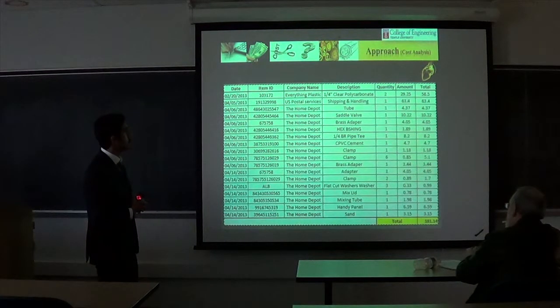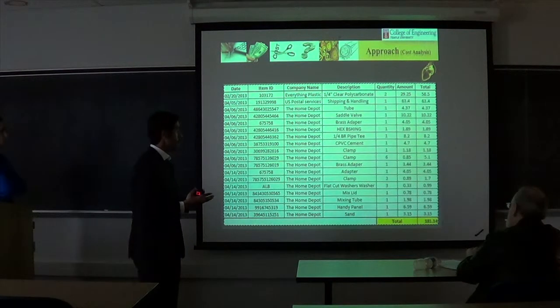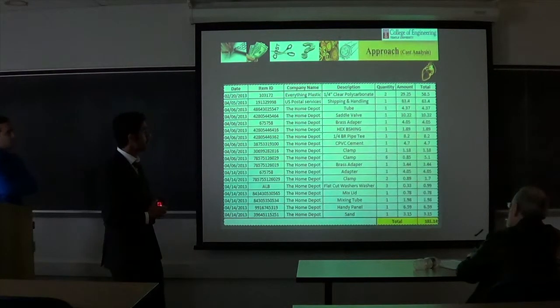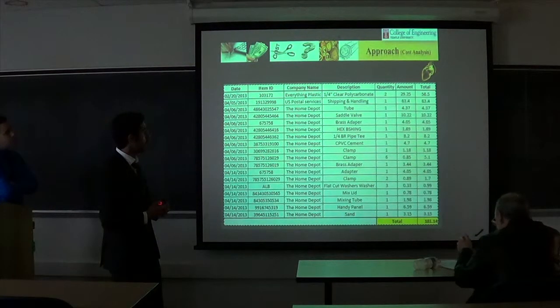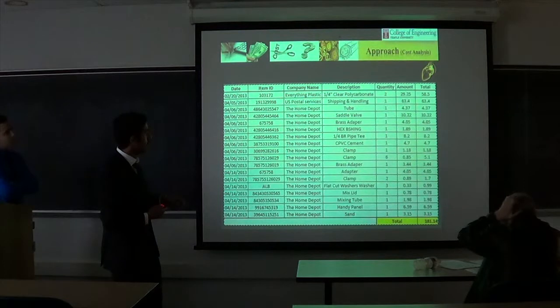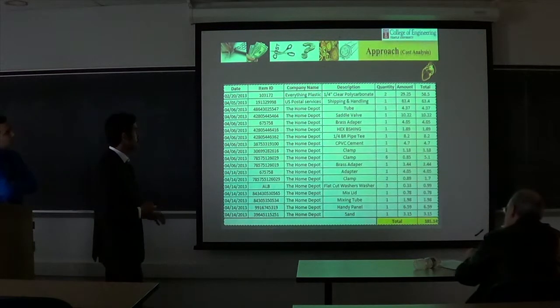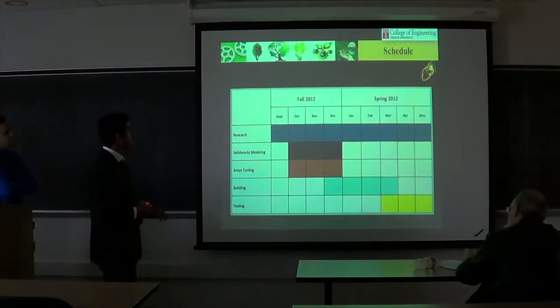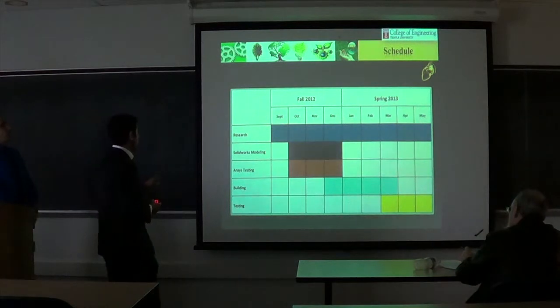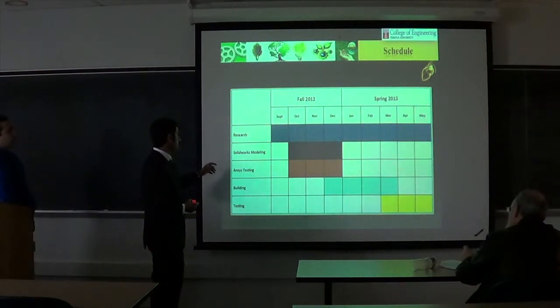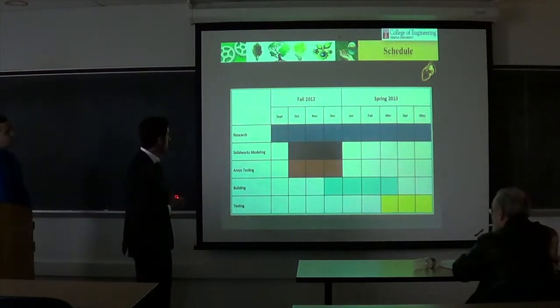The total cost of our project is 181, inexpensive, and we are maintaining the maximum of 500. So we are good with the total cost. As for our schedule, we are done with the research, and also done with the SolidWorks modeling.